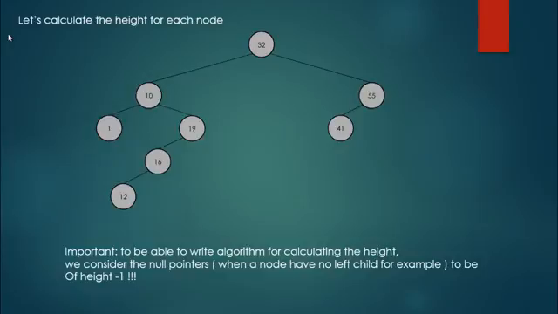For example, the node 41 doesn't have any children at all, so we consider its left child to be a node with height -1 and the right child a node with height -1, and it's going to be consistent.